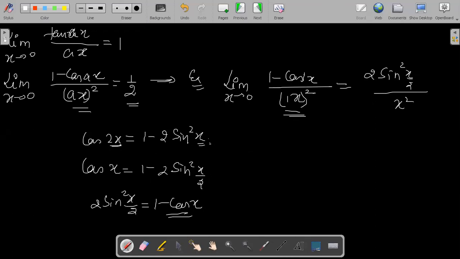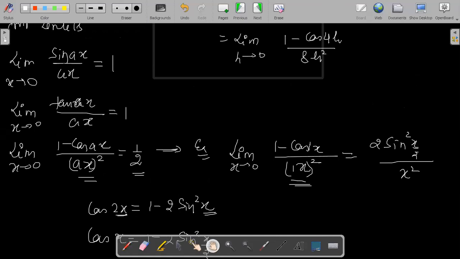Now, in this part, we have seen that sine ax upon ax will give you 1. That means if you are having 2 here, you have to maintain 2 with x here as well. If you are having 1 by 2 here, you have to maintain 1 by 2 in the place of the denominator.